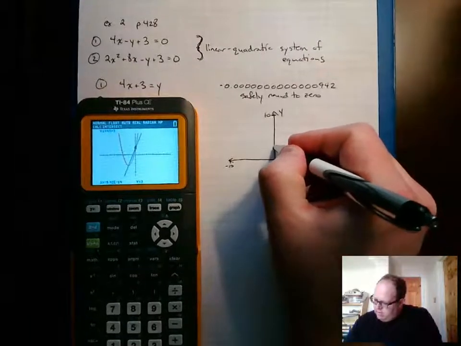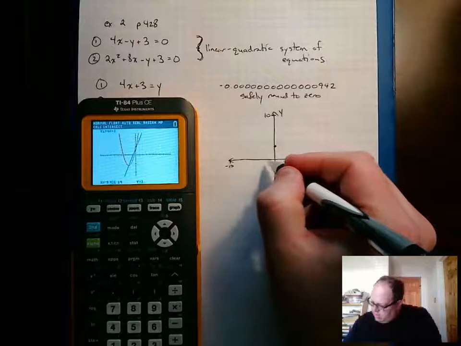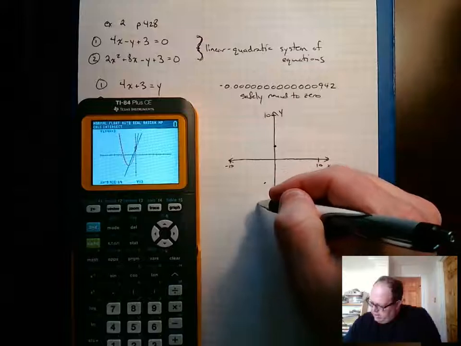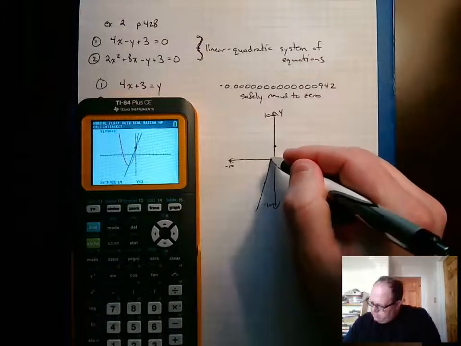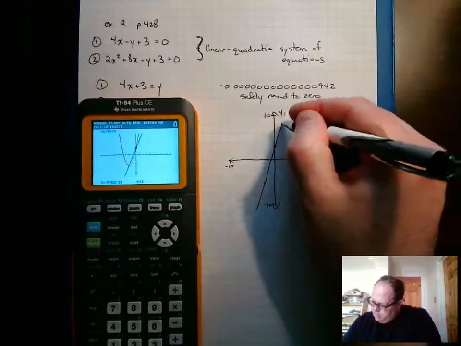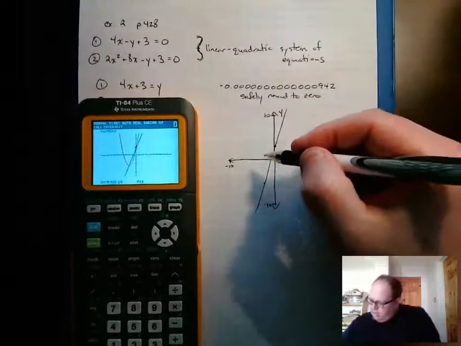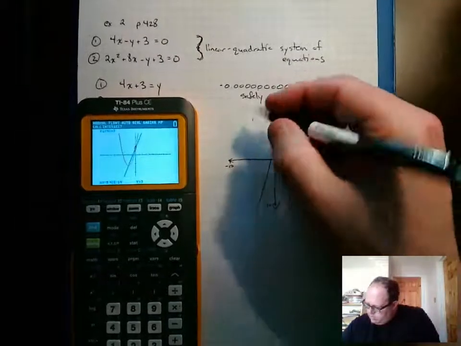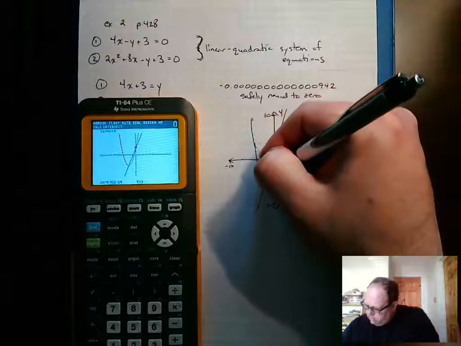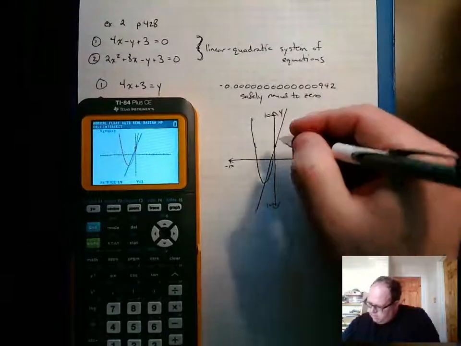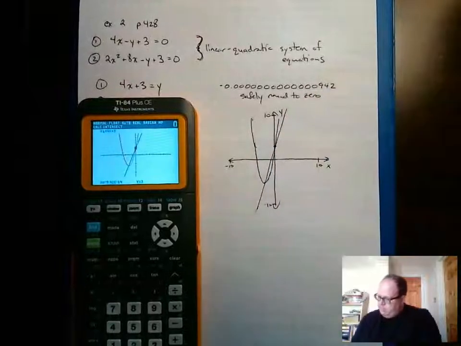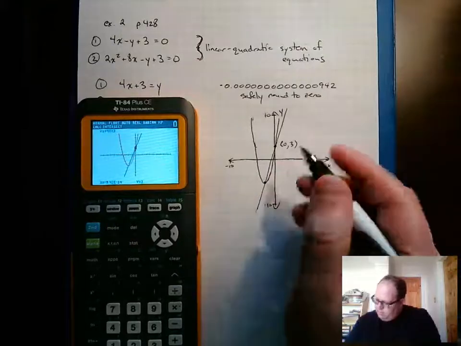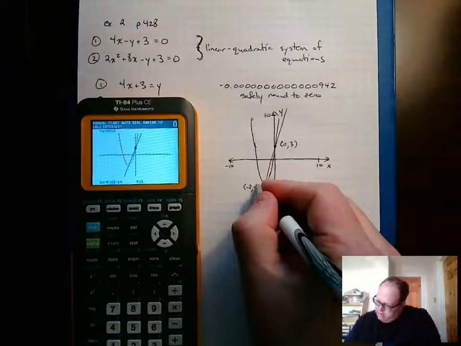So then I had the y-intercepts of each at 3, and -2 and -5 was where the other intersection was. I had the line y1 going up through that. And I had the quadratic coming along like this. And I'm going to label those points that are of interest. Point at 0 and 3, and the point at -2 and -5.